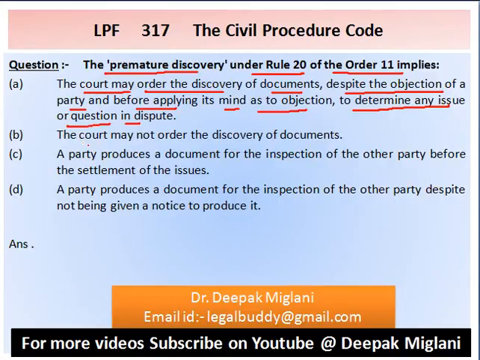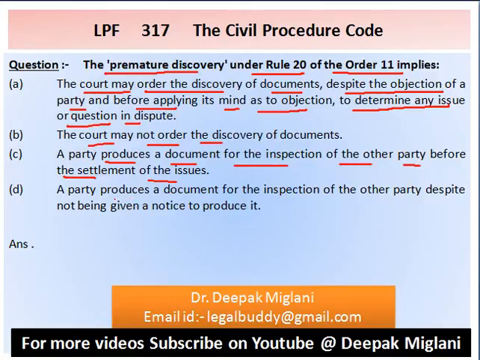Option B, the court may not order the discovery of documents. Option C, a party produces a document for the inspection of the other party before the settlement of issues.